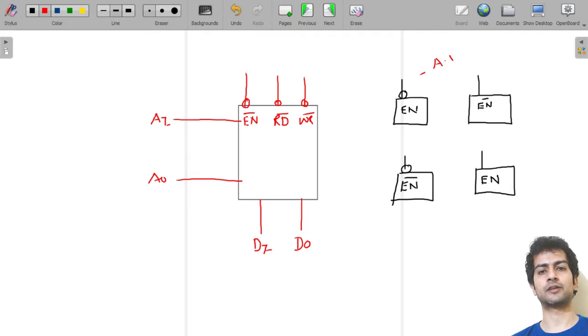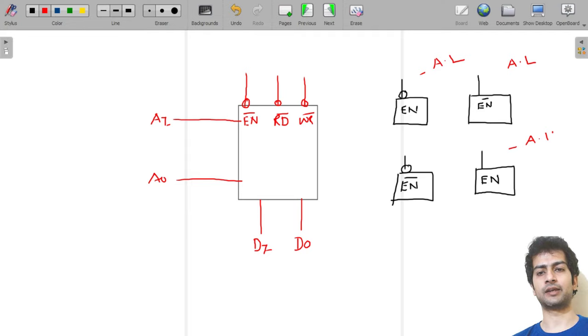If we do not have an inverter but have a bar over the enable pin, then this is also active low. If we have neither an inverter nor a bar, then it is active high.